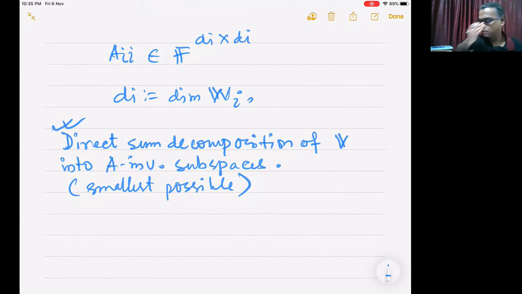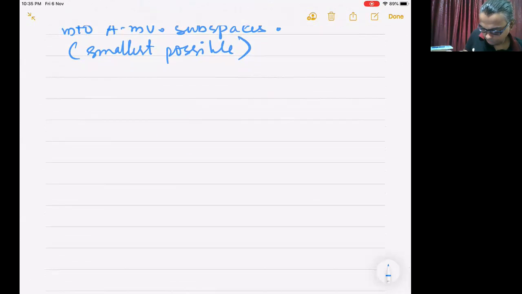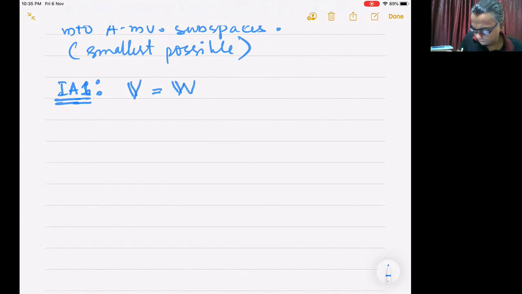But before we go to the next module, I want you to do the following homework or immediate attention problems. Namely, for the same exercise, for the situation where I write V as W prime plus W instead of W plus W prime, where this one is A invariant, but I don't know whether the other one is. It may or may not be A invariant.